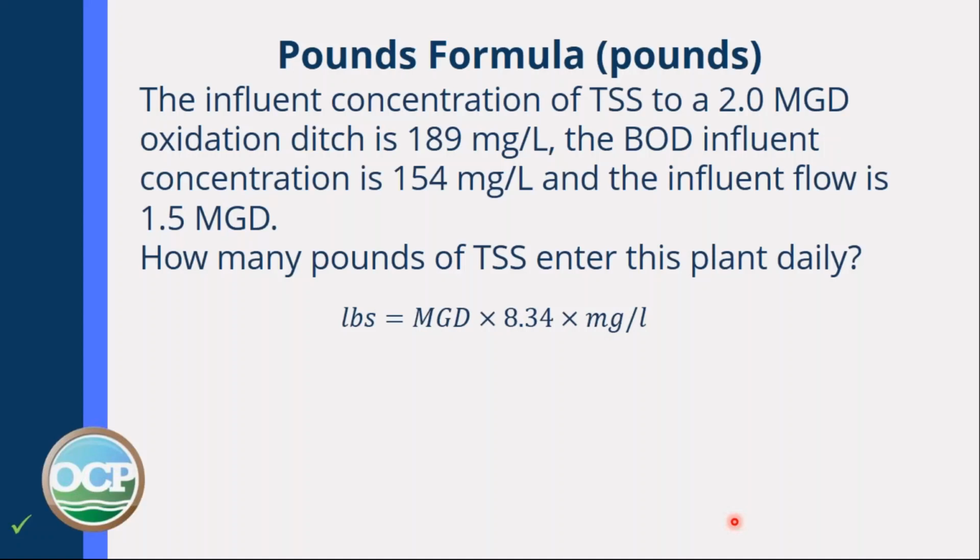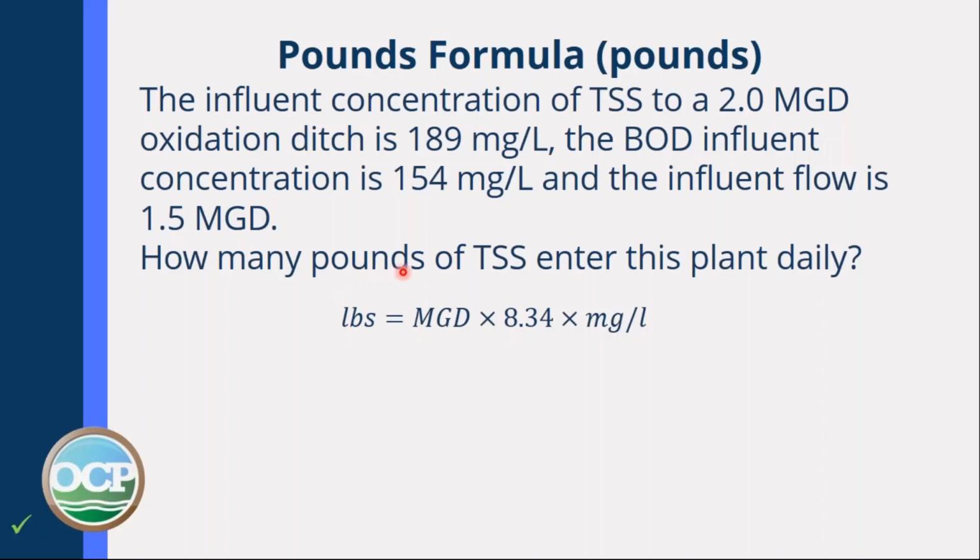Now, look at the information in this slide, in this question, and look at what the question is asking you. Concentration of TSS and the BOD influent concentration. Here is the formula you're going to need.